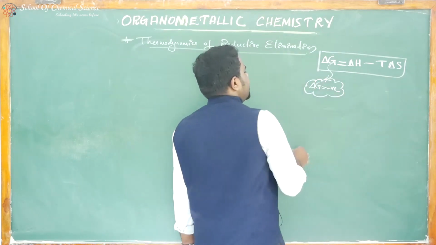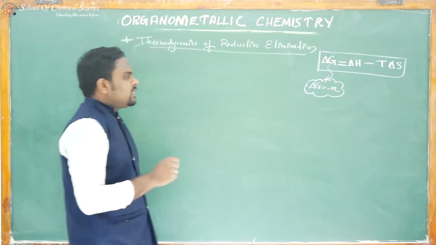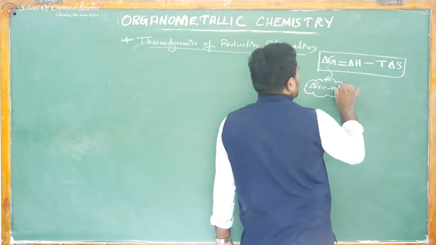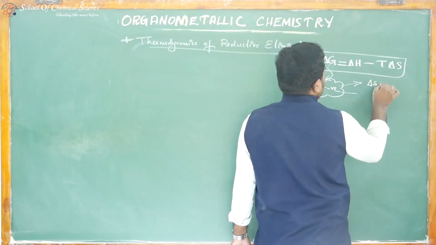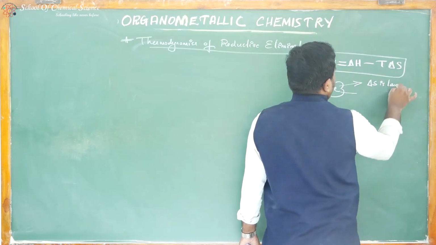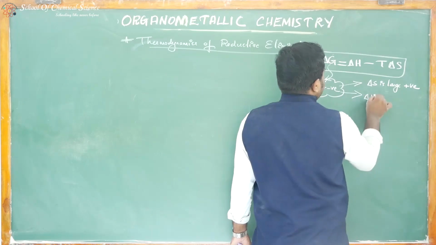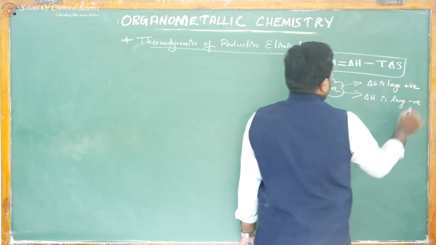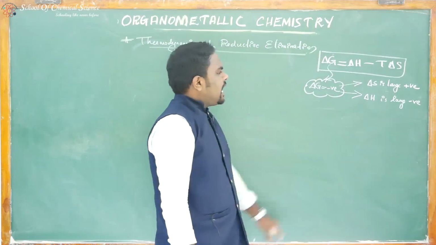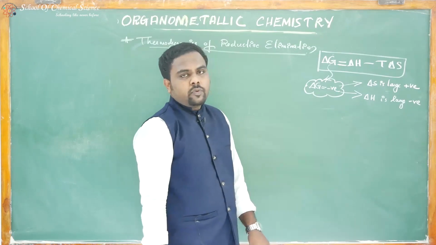Delta G is negative under two conditions. First one, if your delta S is large positive, or delta H is large negative. When the entropy change is large positive or enthalpy change is large negative, then delta G is negative.